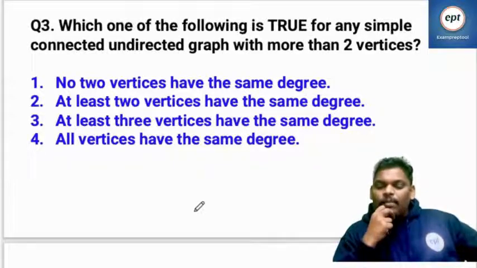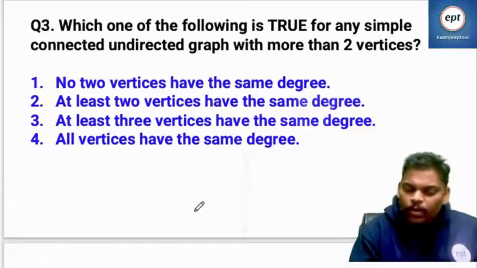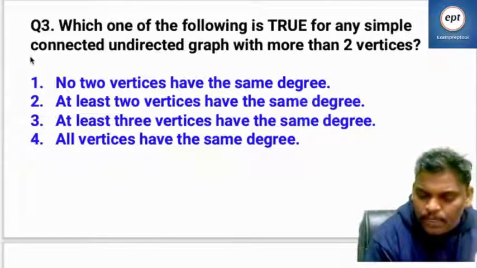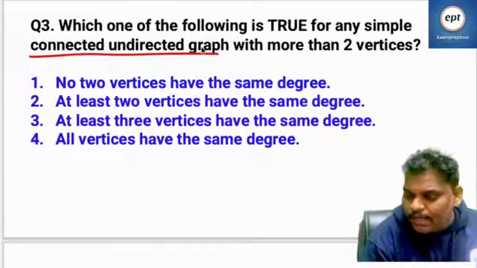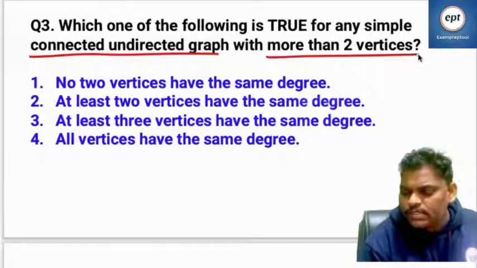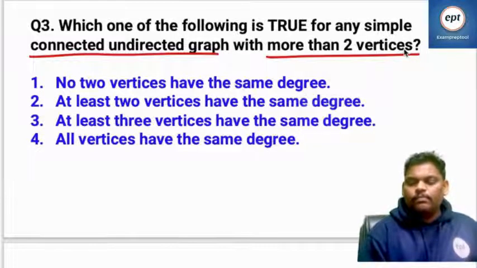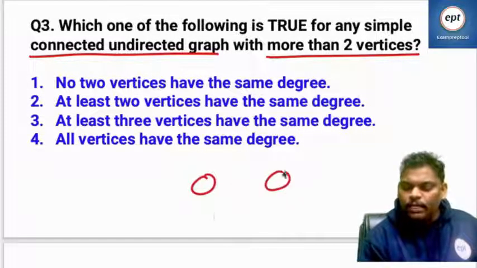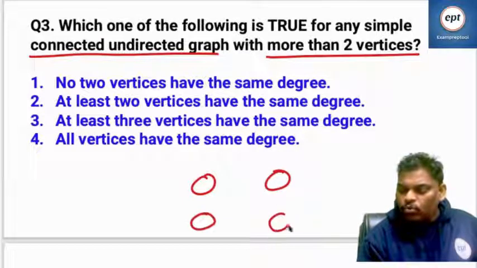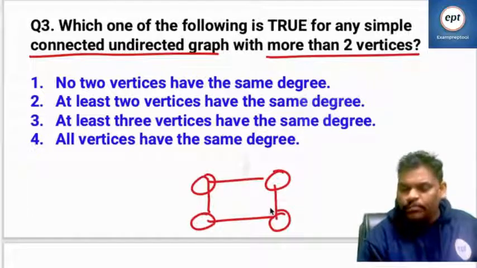No two vertices have the same degree. Remember, simple connected undirected graph, more than two vertices. No two vertices have the same degree. Many people can have the same degree.